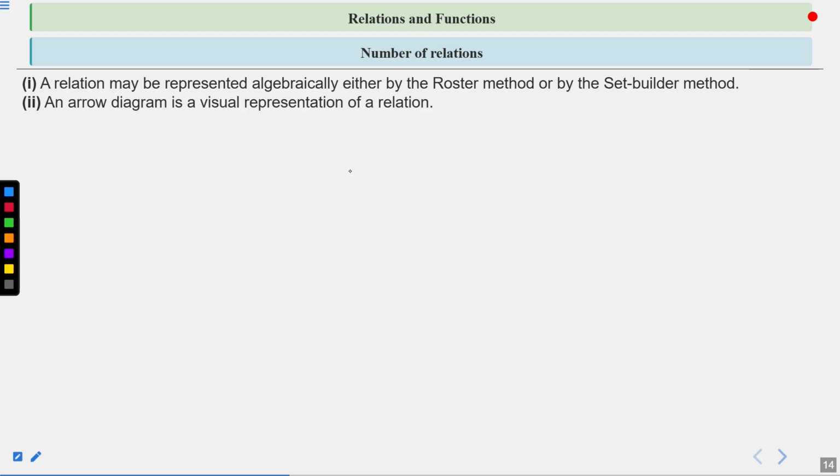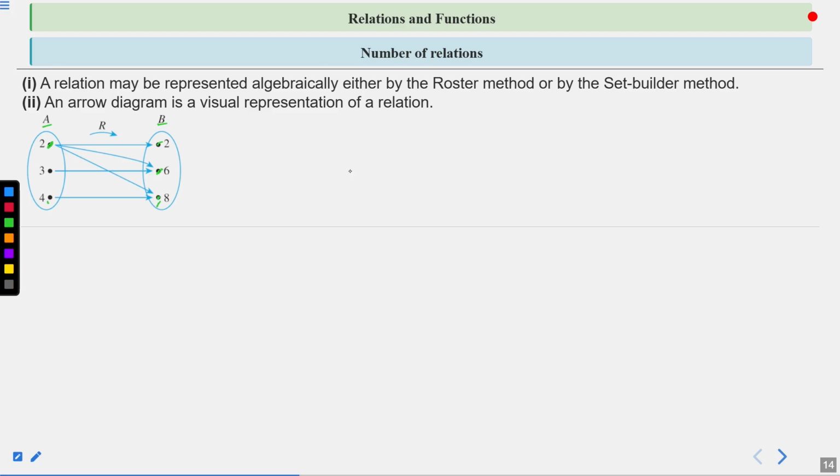Second point, an arrow diagram is a visual representation of a relation. For example, here you have your set A, set B, and your relation from A to B, with pairs (2,2), (2,6), (2,8), (3,6), (4,8). This is all represented by this arrow diagram, showing that 2 is related to 2, 6, 8, 3 is only related to 6, and 4 is only related to 8.